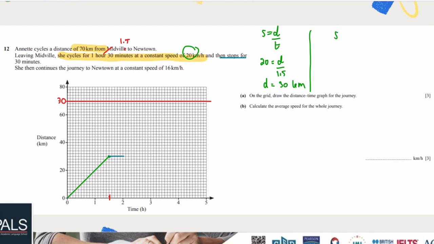So the speed equals the distance over time. We want to find the time, right? Because we know the distance already. They said she traveled 70 kilometers, so now she has traveled 30 kilometers.